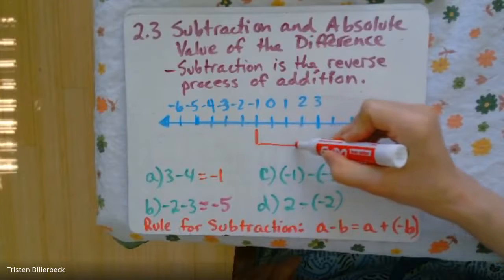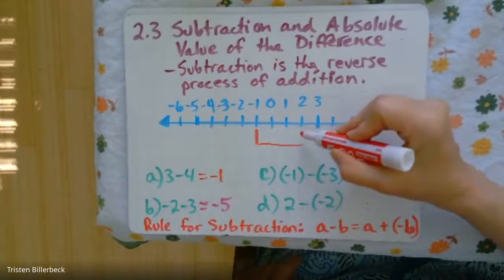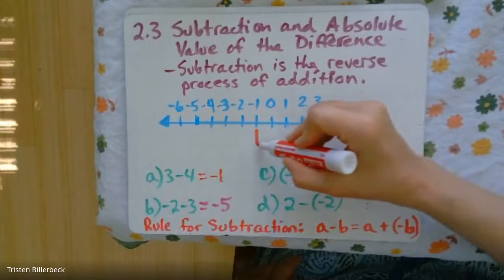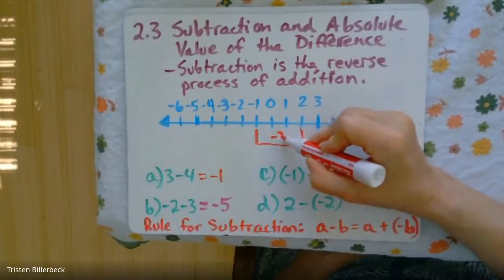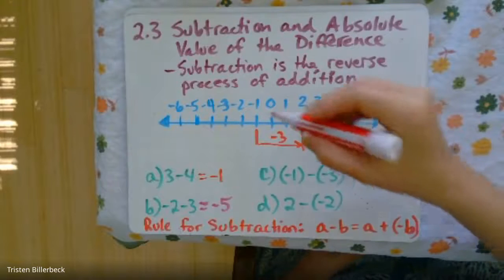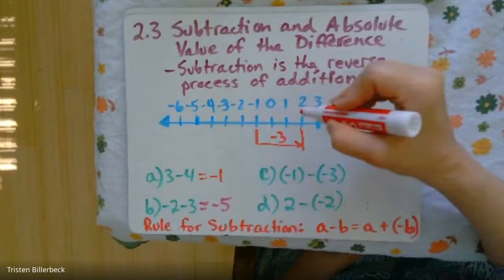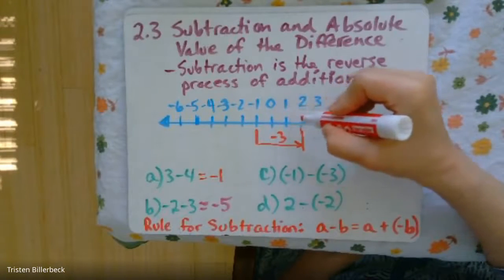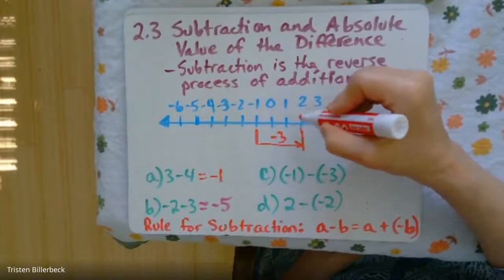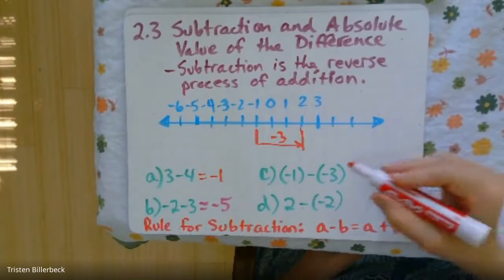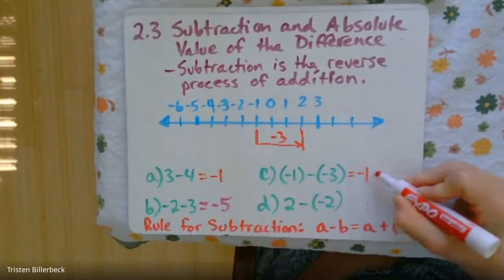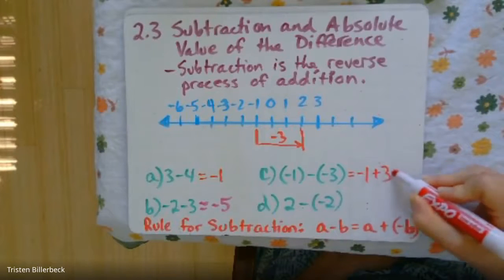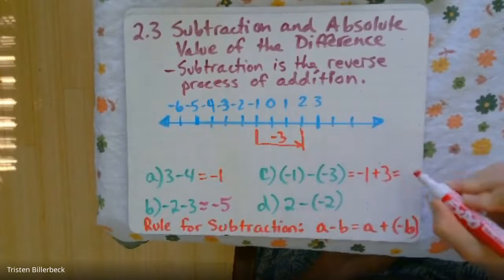So we end up going this direction. We go -3 this way. So we're at -1, and then we add 1, 2, 3. Okay, so this actually looks more like -1 plus 3, which ends up 2.